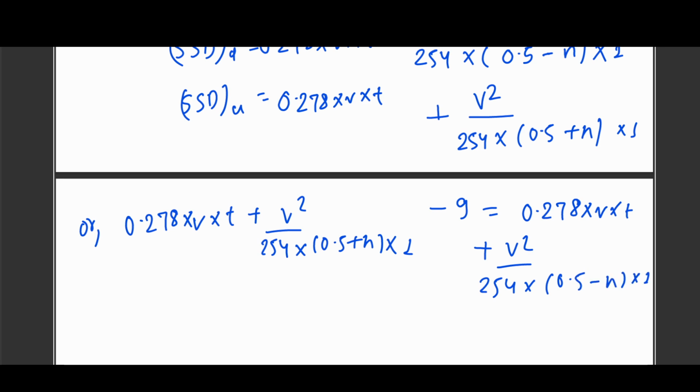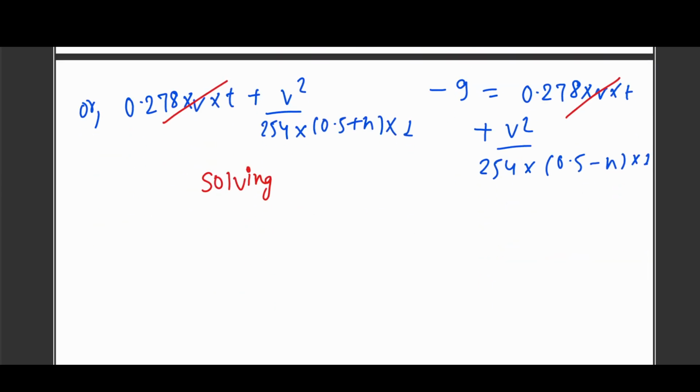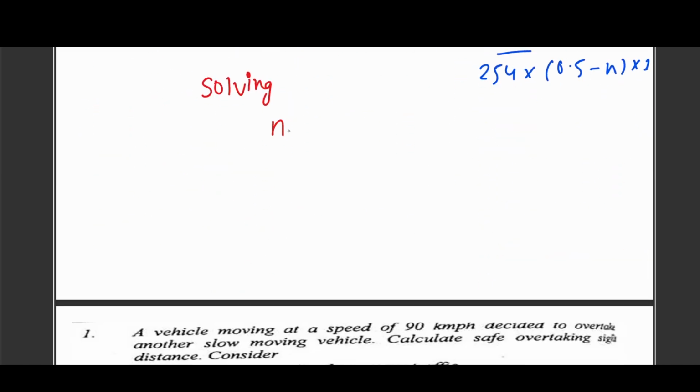So these two values will be cancelled out. On solving, we can keep this equation directly in the calculator and solve it for the value of n. The value of n will be obtained as 0.044, that is 4.4%.